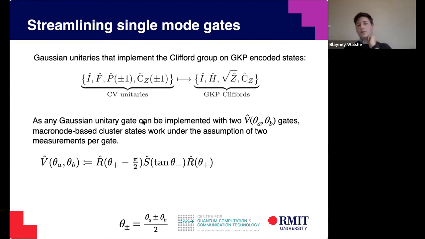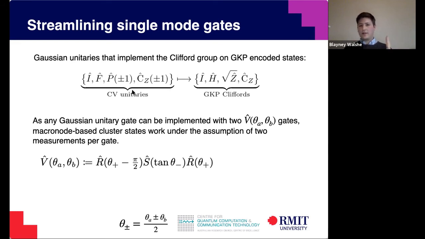But the important point we're making now is that although any Gaussian unitary gate can be implemented by 2 Vs, we only need these unitaries. And all other Gaussian unitaries can be implemented by some combination of these.